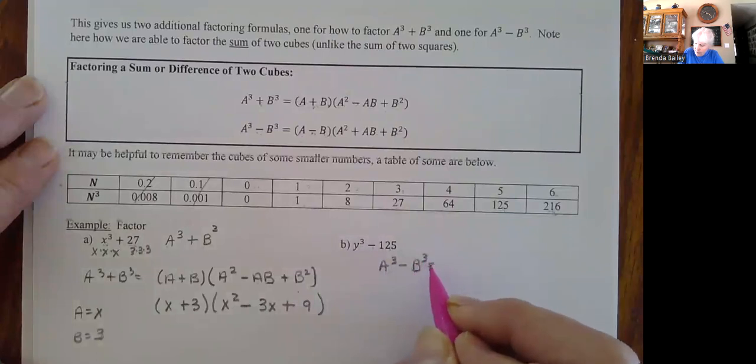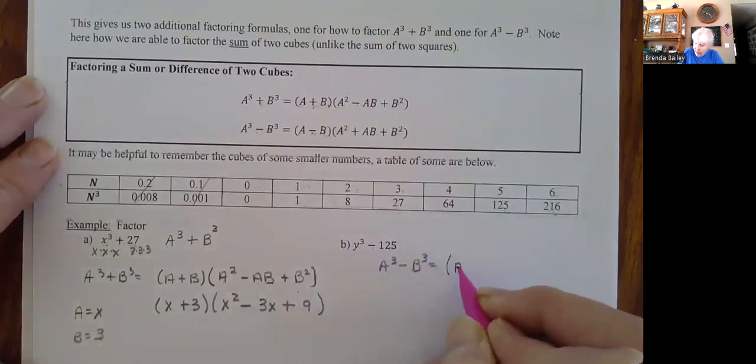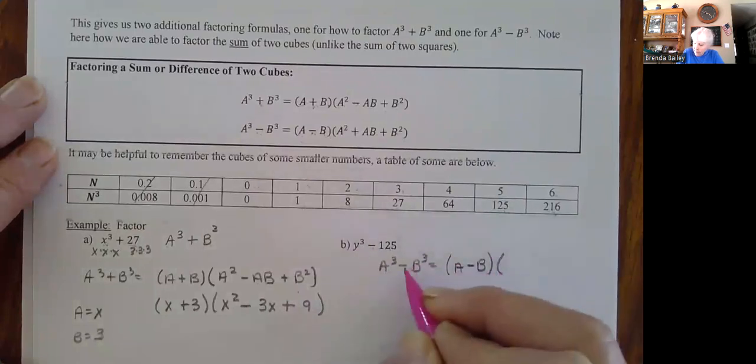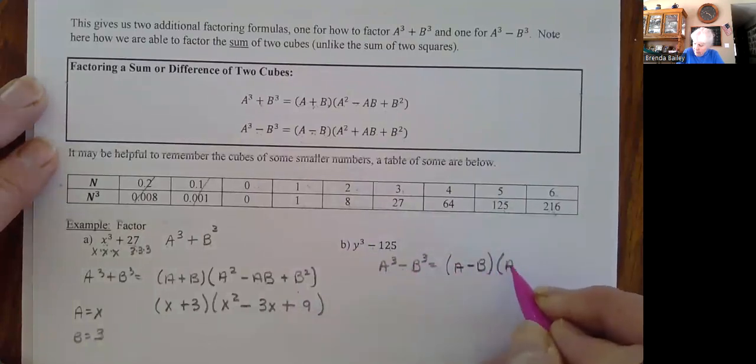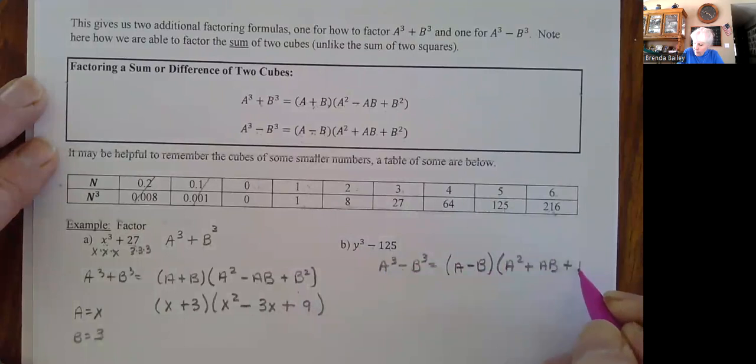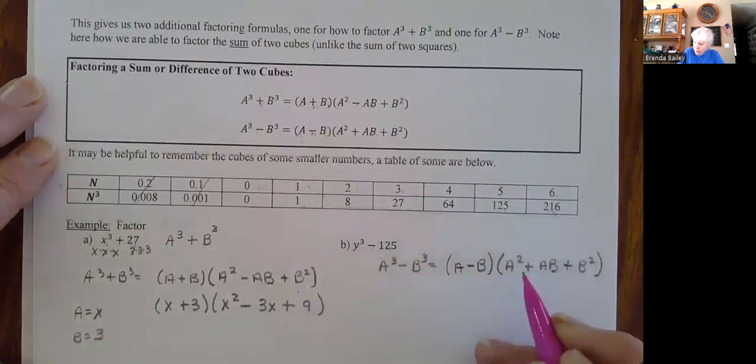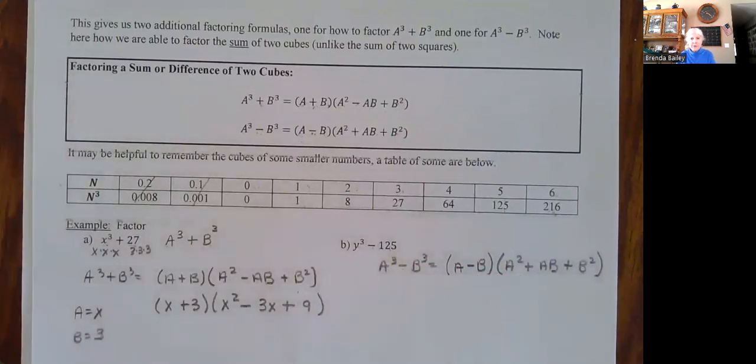The formula is a little different. It's a minus b, okay? It matches. So then you square the a, you multiply them together, the a and the b, and then you square the b. And again, you only have one subtraction in the entire formula for both of those. There's always only one subtraction.